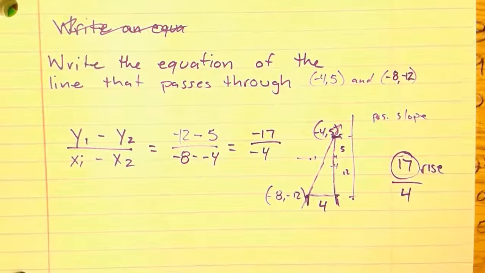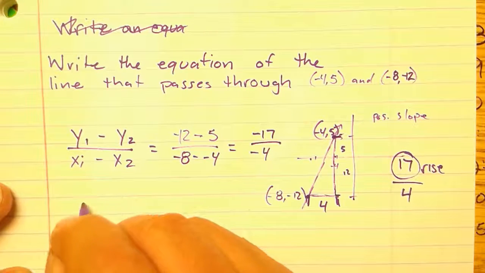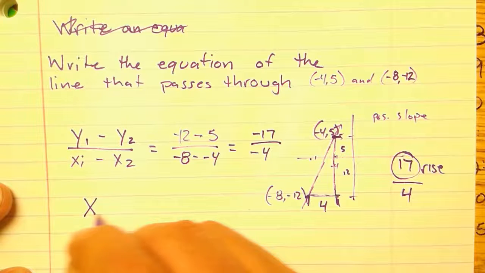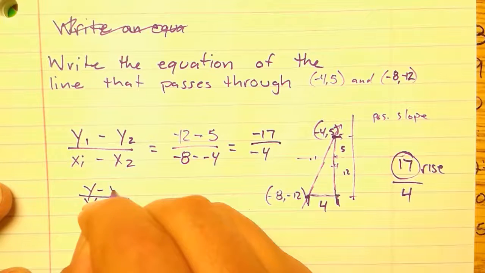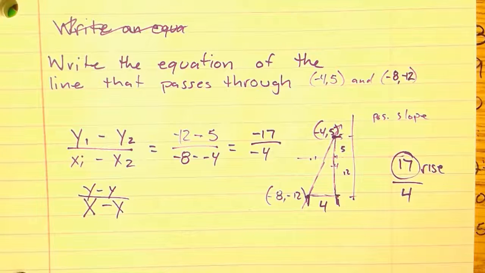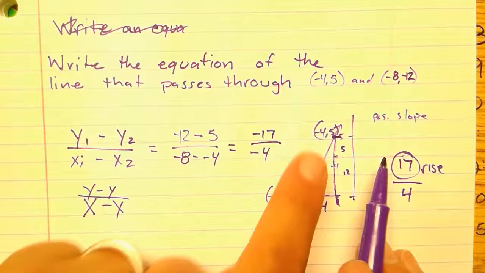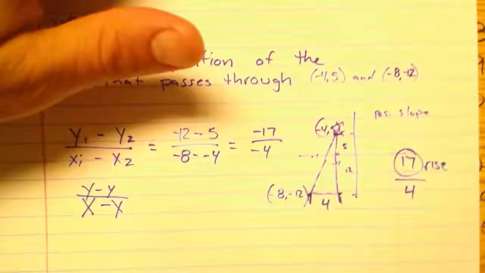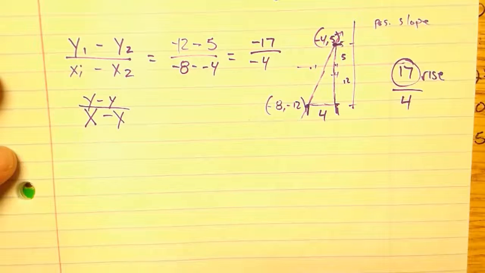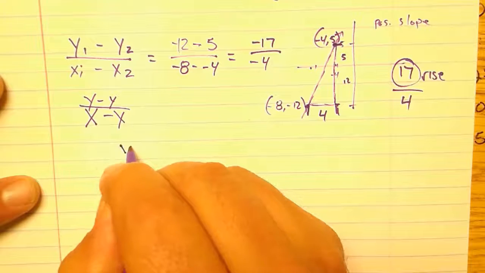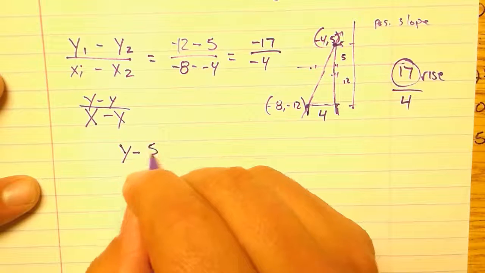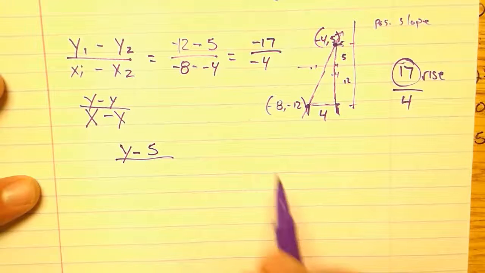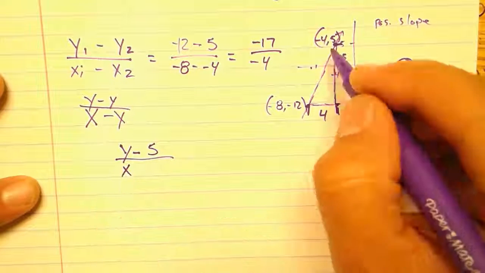Secondly, we know that if I take x minus x and we have y minus y, that is my equation. So I'm going to take one of those points. It doesn't matter which one I take. And I'm going to take, let's take this top point, y minus 5 over x minus -4.